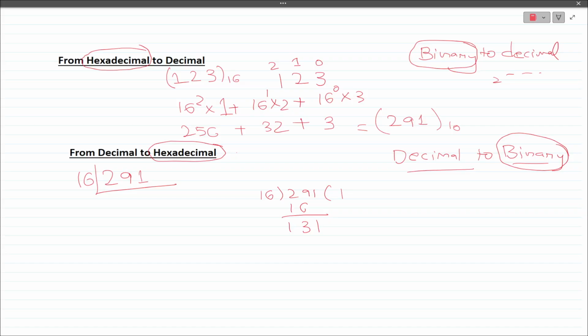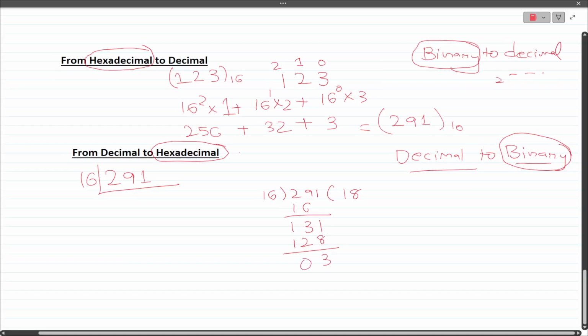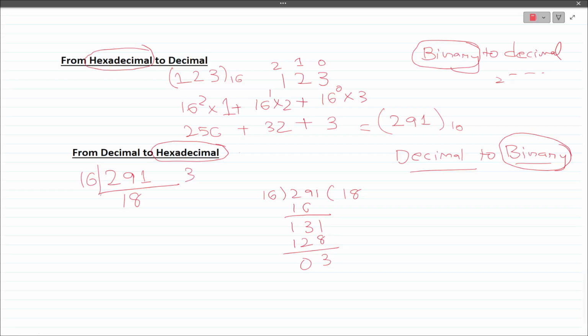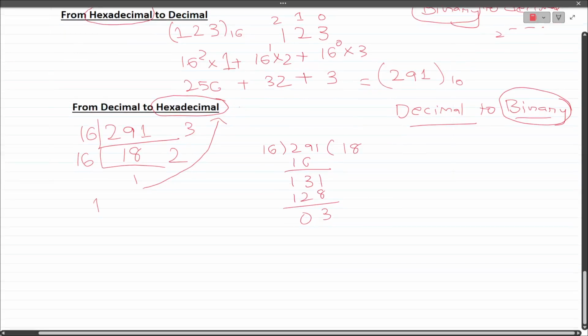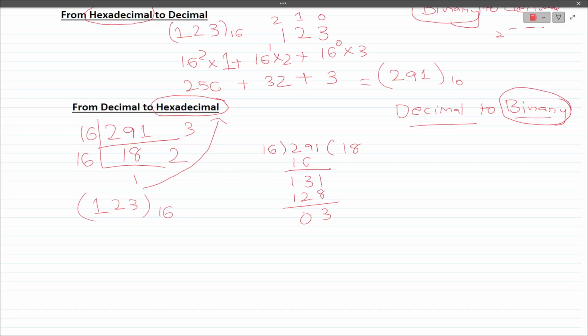Then I will be dividing by 16, and I'm getting 8 as quotient, 3 is my remainder. Again 16 into 1 is 16, remainder is 2. Now again follow the same sequence from bottom to up. So it's 1, 2 and 3, and see, your hexadecimal is ready here.